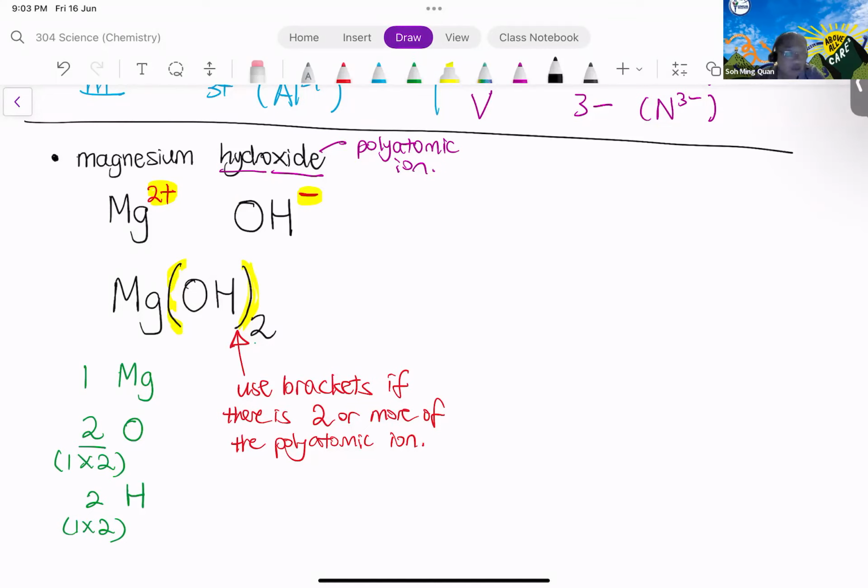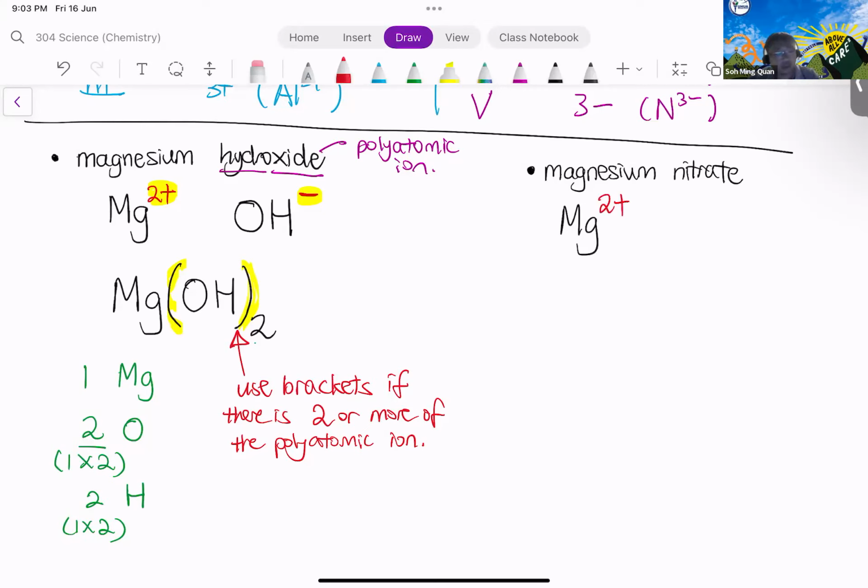All right, so this is an example of an ionic compound with a polyatomic ion inside it. Now, hydroxide is not the only polyatomic ion. Another common one that you must learn is nitrate. So magnesium nitrate is another ionic compound. And this time around, you realize, okay, magnesium, our good friend, group 2, simple, 2+ charge.